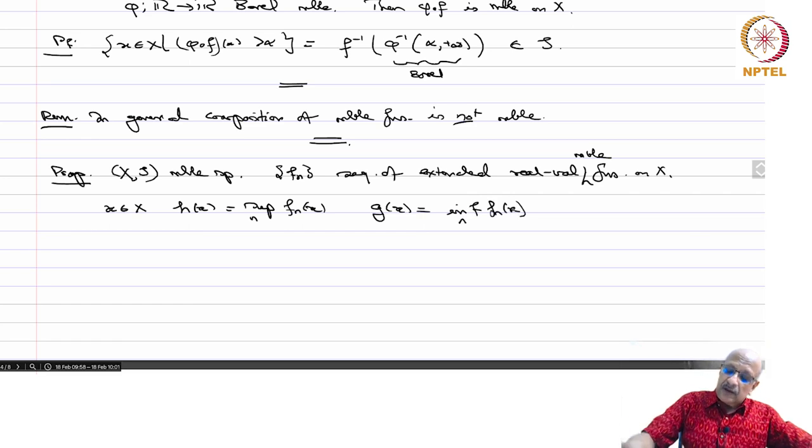Because these are extended real valued, this implies h and g are measurable.